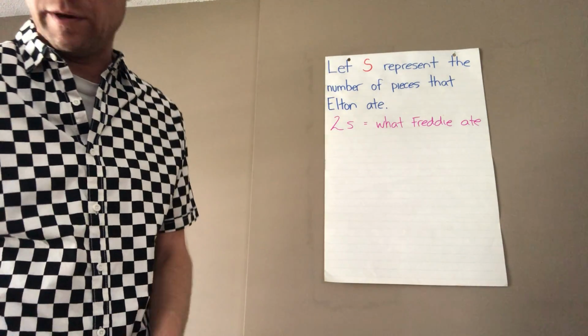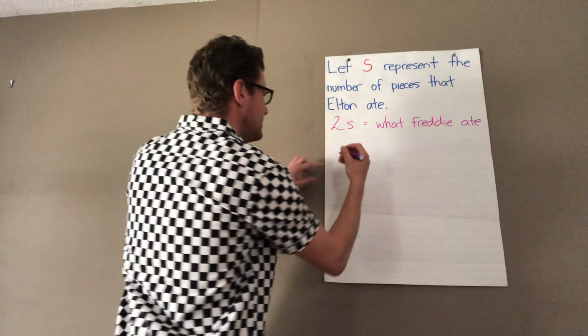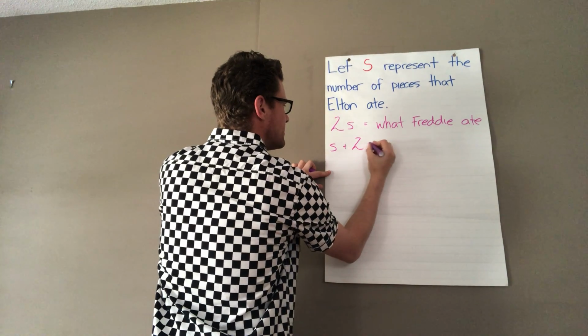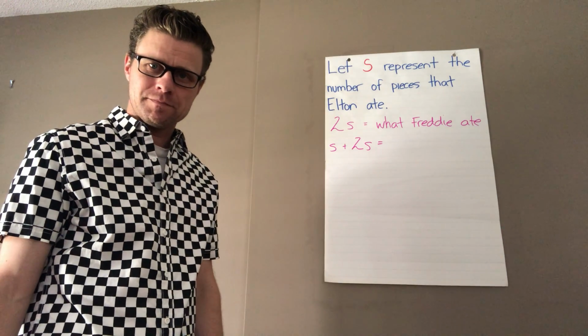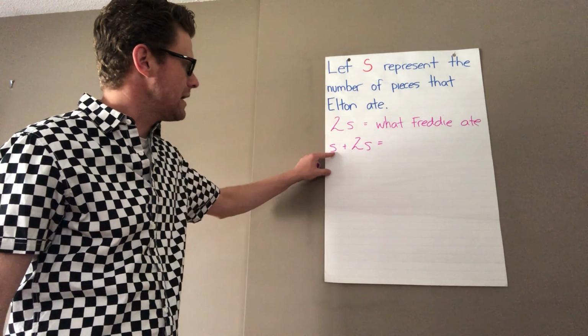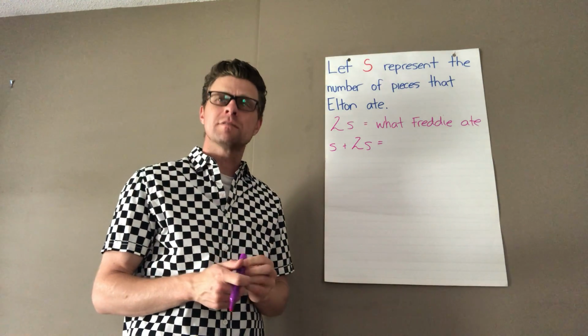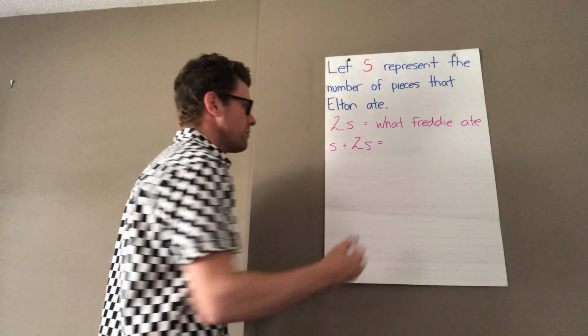Let's start with S for Elton plus 2S for Freddie. How many S's have we got? 1S plus 2S equals, yep, good, 3S.